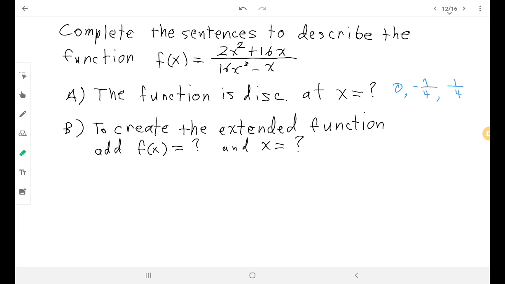What they mean by extended function. So I think what they mean by extended function is how would we, I guess, continue this?